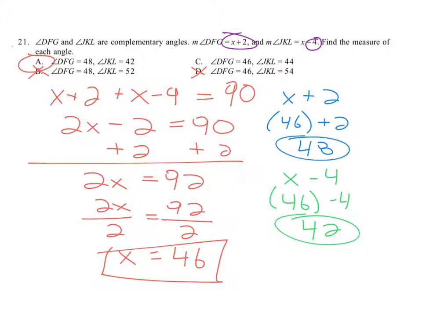And again, reiterating what I just said, if you go up 2 from x, and here you go down 4 from x, they should be 6 apart, and these two aren't. So they don't work. But it doesn't really matter. We could just do it algebraically. We could say that plus that needs to equal 90, solve it all out to x equals 46, and then plug them back in and get our two numbers.